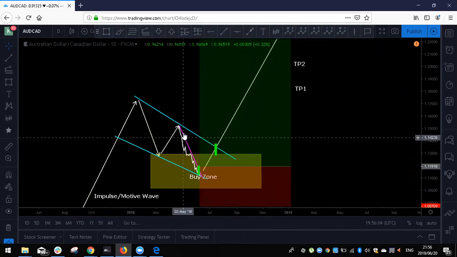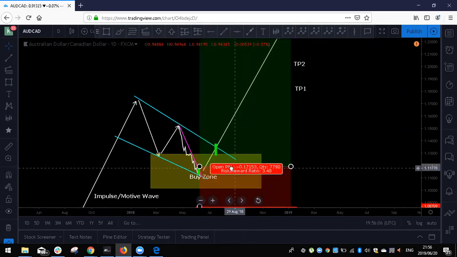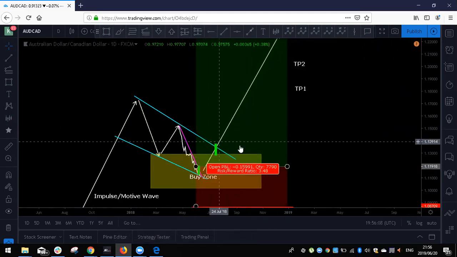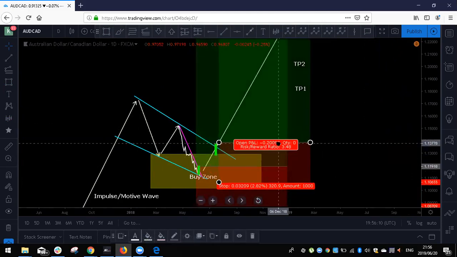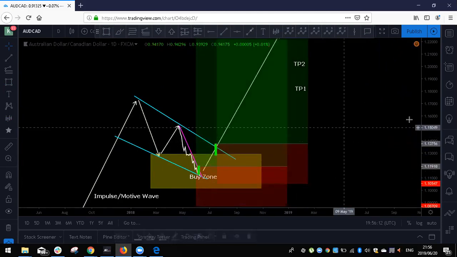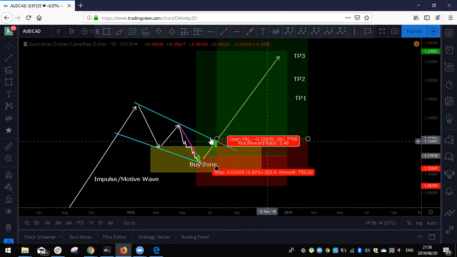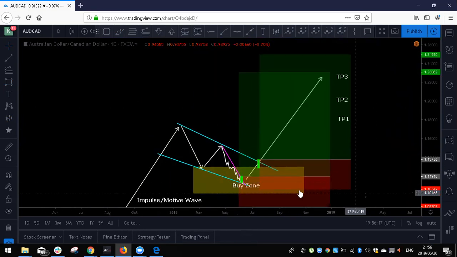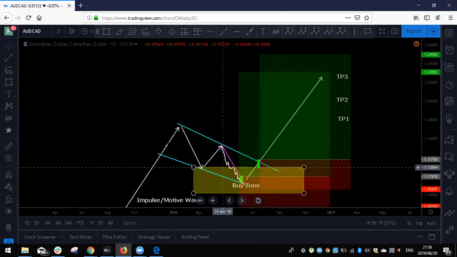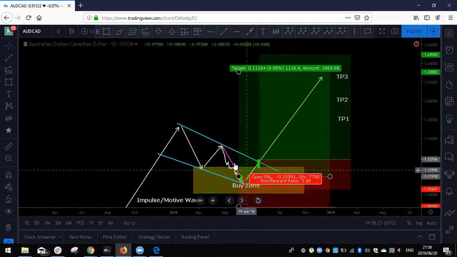So I can take 2 trades in one setup. If it breaks the inner trend line, I take a buy. If it breaks the outer trend line, I take another buy. But the stop loss for this one will be different. I'll put my stop loss inside the corrective structure.